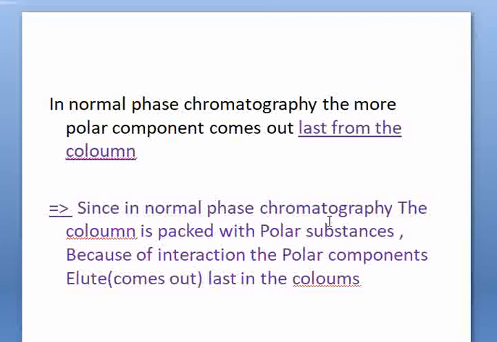If it is non-polar, it will not interact with the column substance, so it will come out first. If it is a polar substance, because of this interaction, it will elute relatively later from the column. Okay, right? We'll go to the next one.